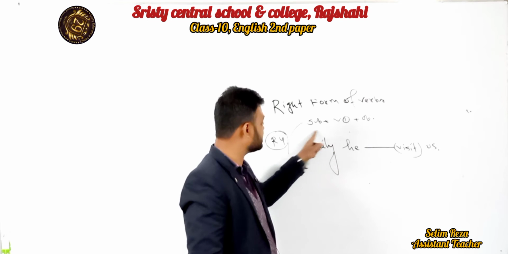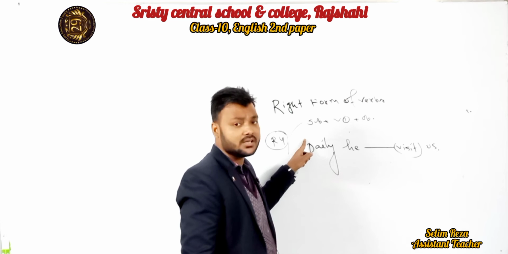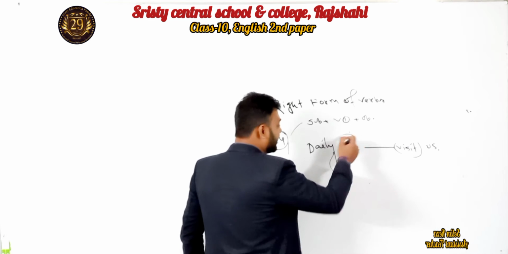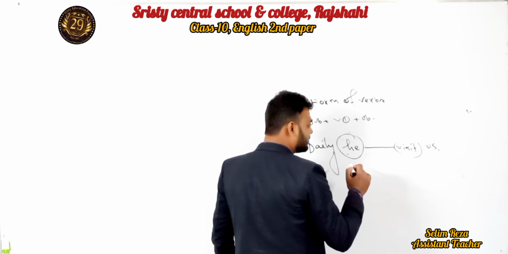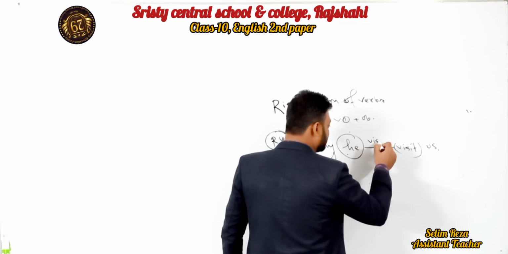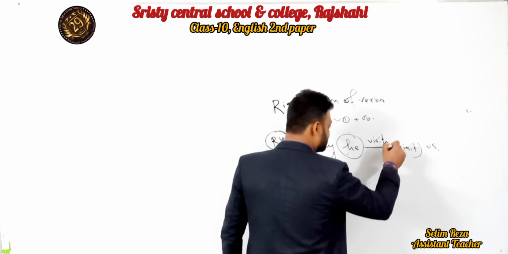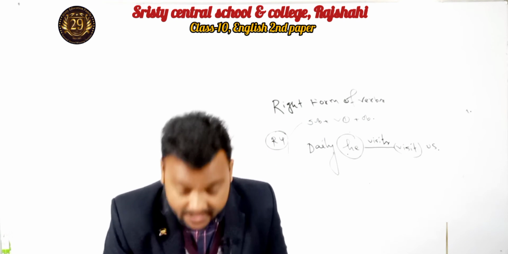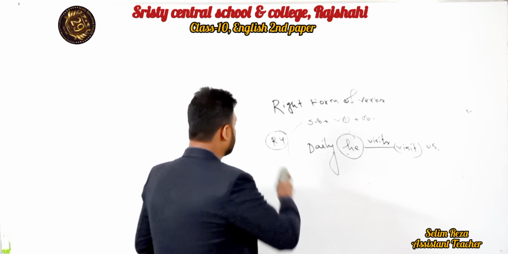If a sentence has daily, normally, usually, the sentence must be present indefinite. So he is third person singular number, then we should write visits. Okay, dear student, I hope you have understood whatever I discussed with you.